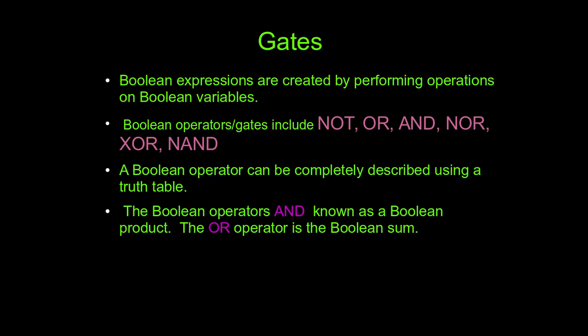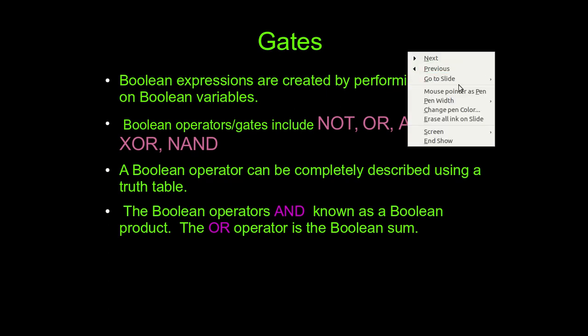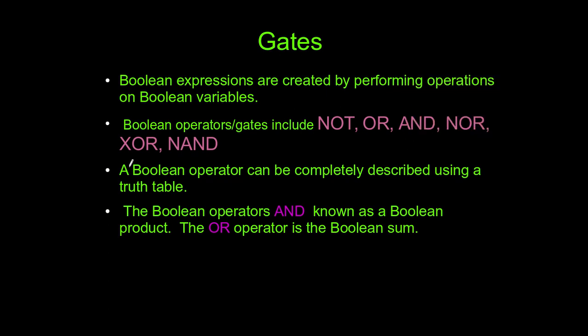NOR and NAND are the invert of OR and AND. And XOR: if the inputs are the same, my output is 0. If the inputs are different, my output is 1, and we'll take an example on that also.